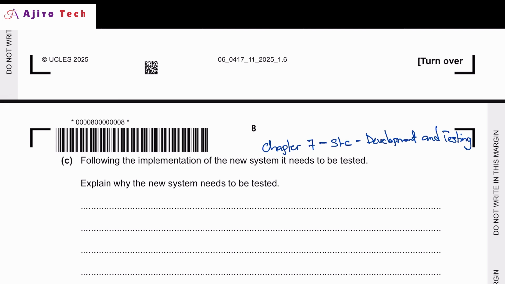Explain why the new system needs to be tested. Why do we need to test it? To make sure it produces the correct output. We talked about the test plan, and that's the reason why we do the test plan.